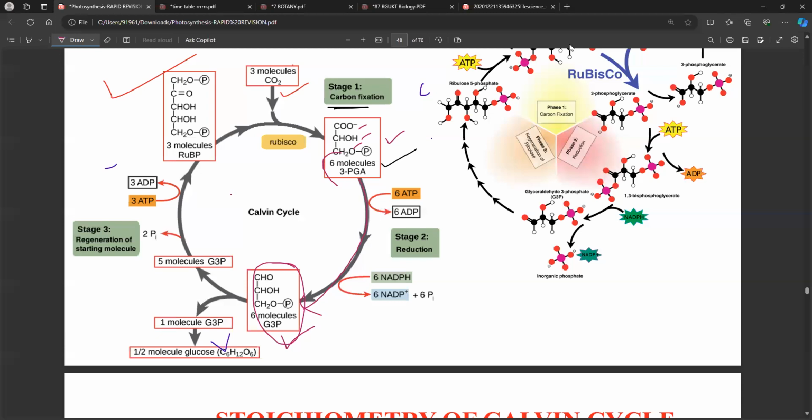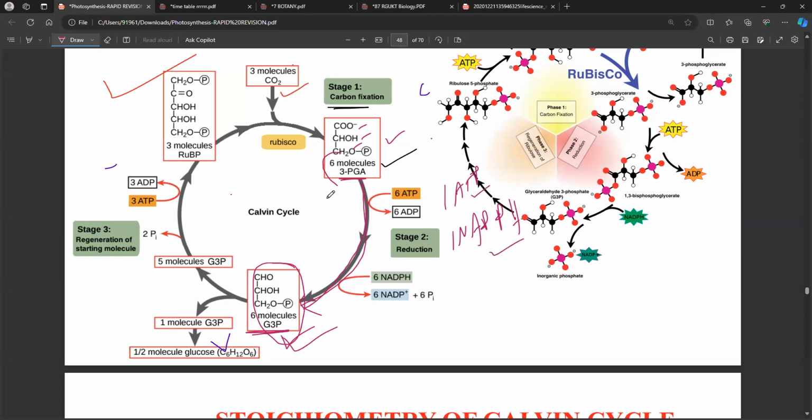But the reduction won't happen that easily, right? If 1 molecule of 3-PGA is to be reduced to 1 molecule of G3P, we require 1 ATP and 1 NADPH. Every student understand me correctly. If 1 molecule of 3-PGA is reduced to 1 molecule of G3P, we have to spend 1 ATP and 1 NADPH.